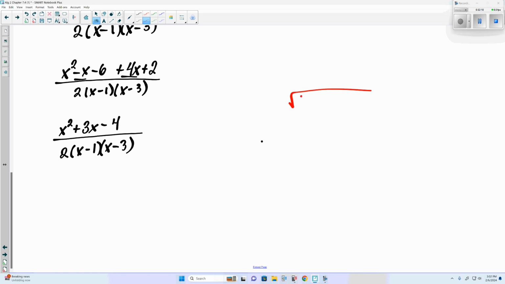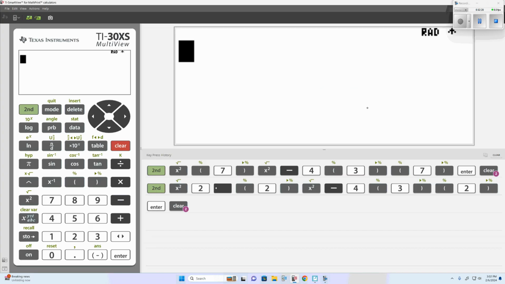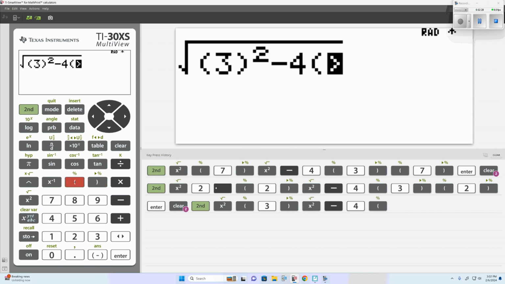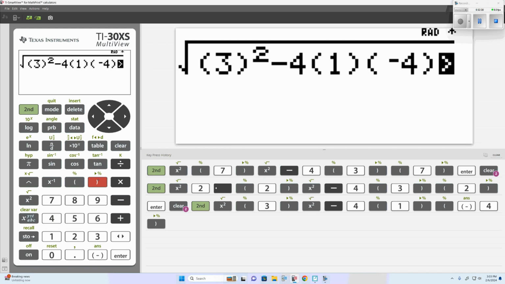We can do our b squared minus 4ac. Because up to this point, none of the numerators have factored, so let's go on and check it just to make sure. Let's see. It was 3 squared minus 4 times 1 times negative 4, and just like the previous ones, we get either a domain error or a decimal number, yes? So we just get 25, yes?